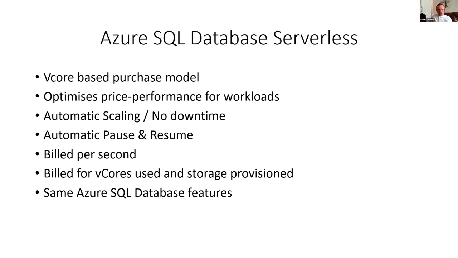No scripting is needed, no manual intervention is needed. You just set that minimum and maximum figure, and serverless will do the rest. The other thing about serverless is there is no downtime involved when you scale up the number of vCores like there is in provisioned. There is one very rare scenario where that might happen, and I'll talk about that a little bit later on when I go into auto-scaling in a bit more detail.